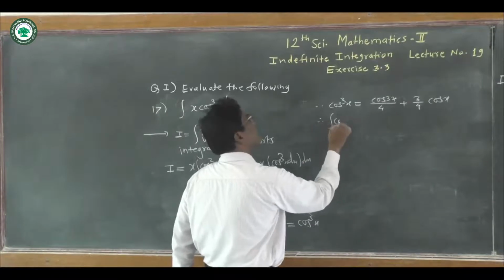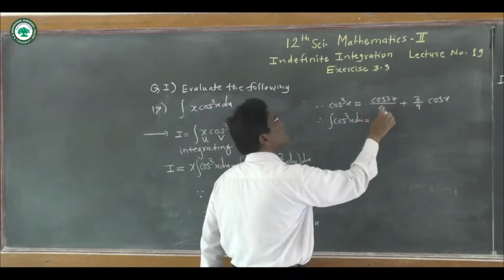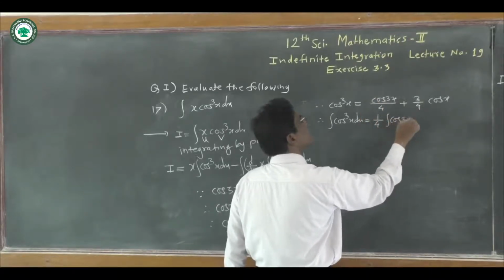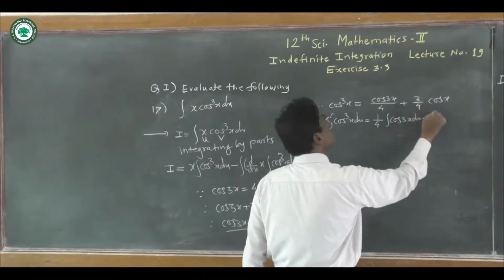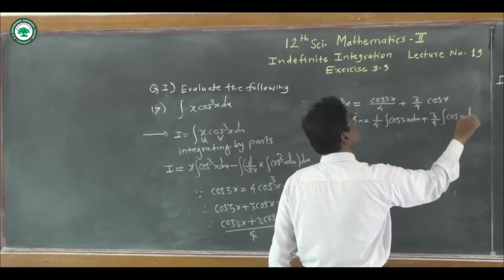Therefore integration of cos cube x dx is equal to, this 1 by 4 is constant, so 1 by 4 into integration of cos of 3x dx plus the constant 3 by 4 outside the integration of cos x dx.